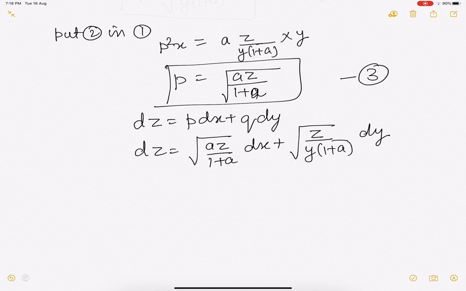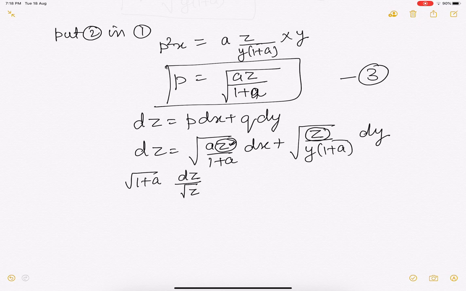So let us take this z on the left hand side of the equality. So we have root 1 plus a dz upon root z. Why? Because here also we have z, here also we have z. We take the z on the left hand side of the equality.